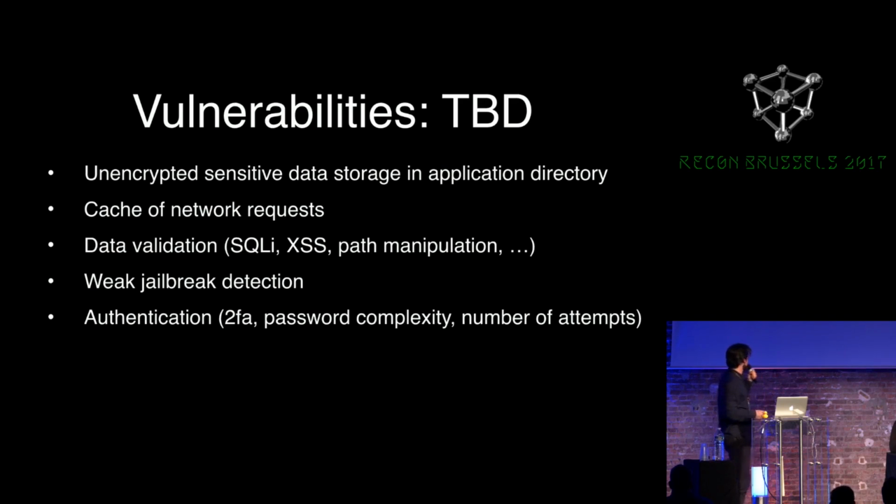I think the most important class of vulnerabilities here is authentication vulnerabilities: no two-factor authentication, weak password complexity requirements, and weak control of number of unsuccessful authorization attempts. These vulnerabilities are hard to detect, and usually they should be detected on server side.